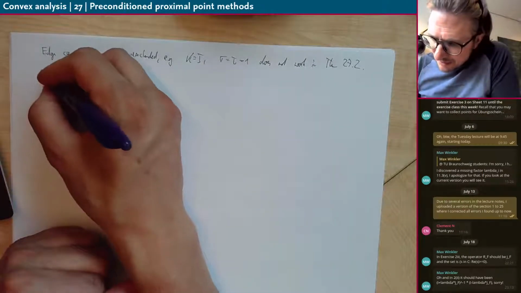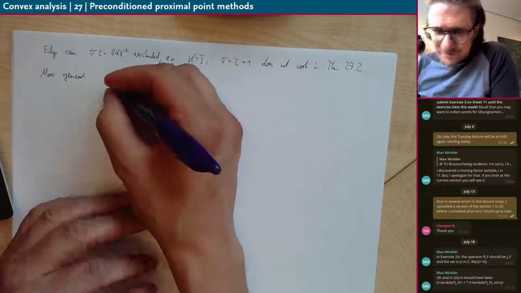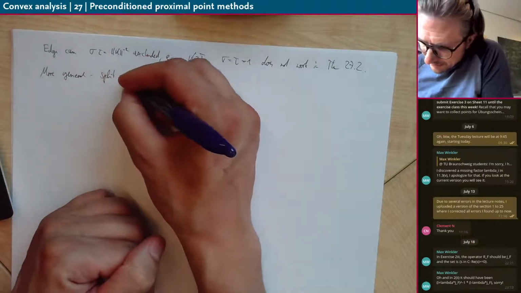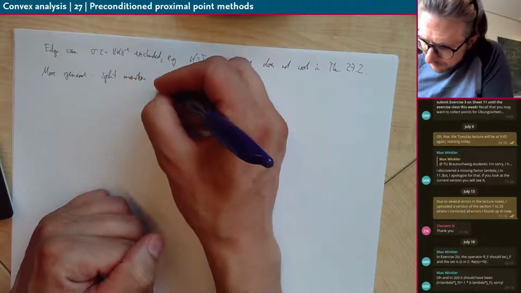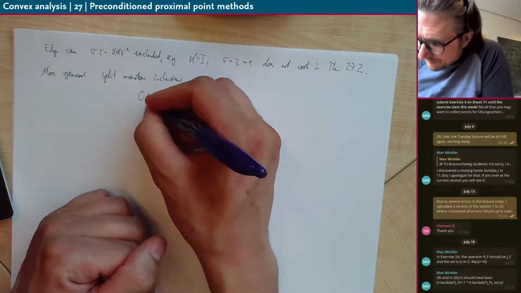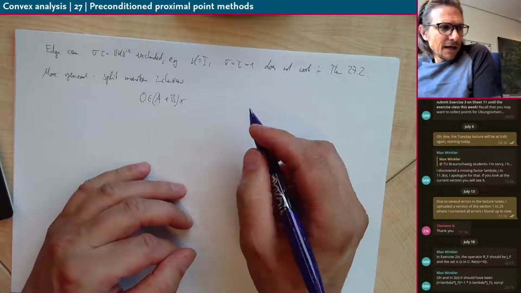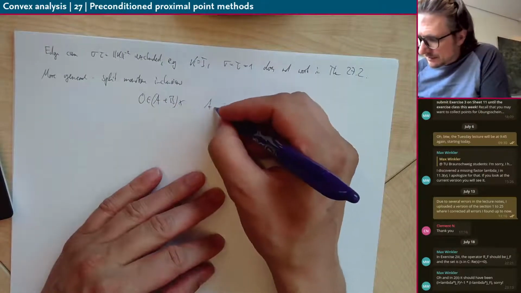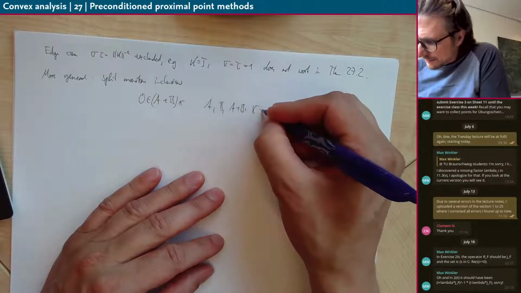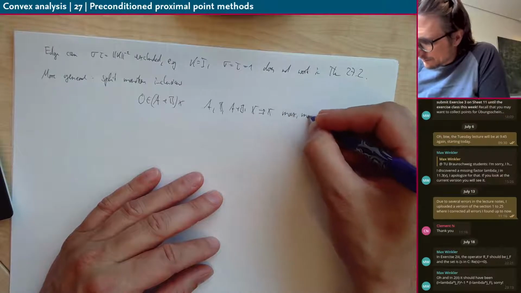So more general than this Fenchel-Rockafellar duality is the case of split monotone inclusions. These are inclusions of the type 0 is contained in A plus B of x, and let's say A and B, and maybe A plus B as well, that's not so important for our discussions here, are maximally monotone.